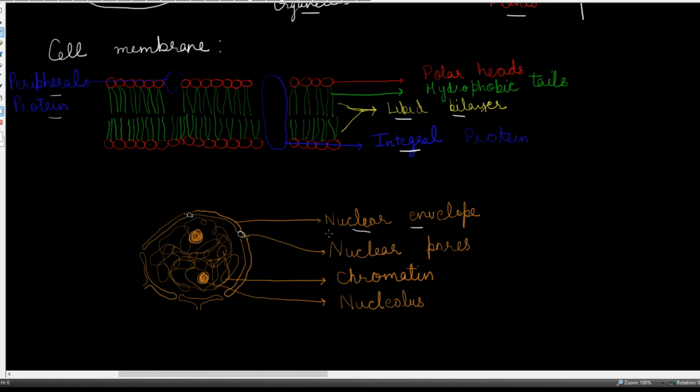These pores are known as nuclear pores, and they allow the movement of molecules through them. Inside the nuclear envelope, the genetic material is present in the form of thread-like structures known as the chromatin. Chromatin is made up of DNA, RNA, and some proteins.